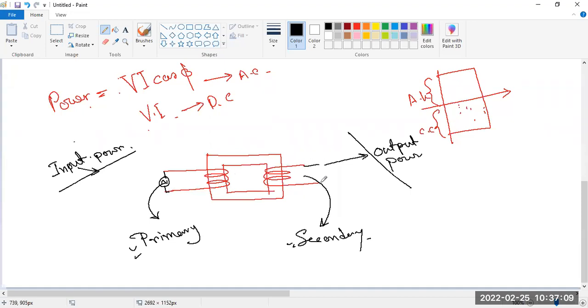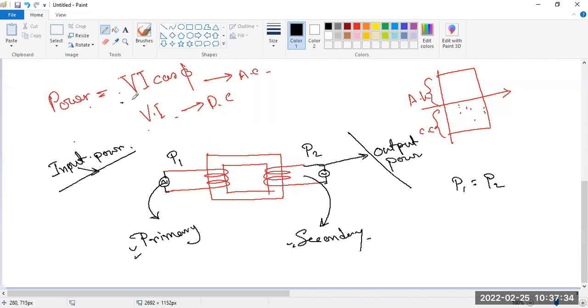For now, just remember that a transformer is always used for AC, not for DC. In the secondary side we also get the output power. This power is denoted as P1, and this power is denoted as P2. For the transformer, P1 equals P2.